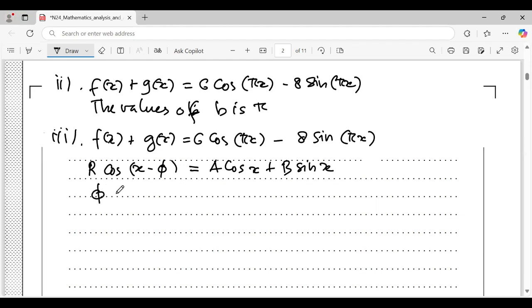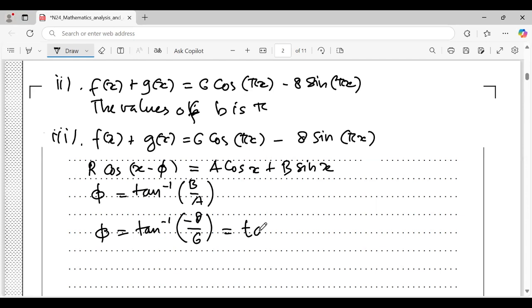So phi equals arctangent of b over a. So phi equals arctangent of minus 8 over 6, simplified to minus 4 thirds. And if you calculate, the result is minus 0.9273.